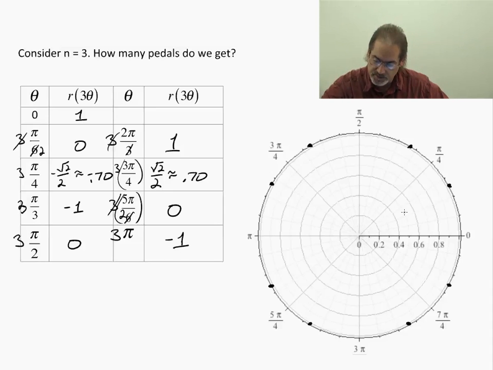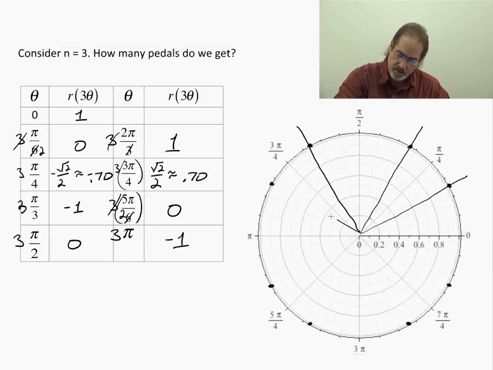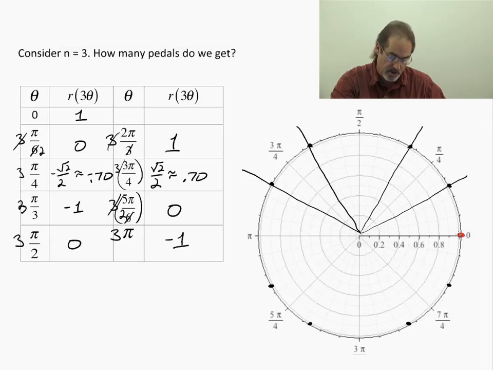So let's draw these in again. Here's my pi over 6, roughly pi over 3, 2 pi over 3, 5 pi over 6, and we just went out to pi. So let's start putting the values. At 0, I'm at 1. At pi over 6, I'm at 0, so I'm here. So I come up like that.